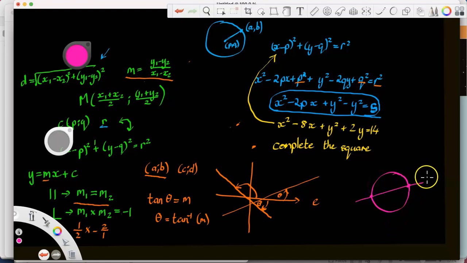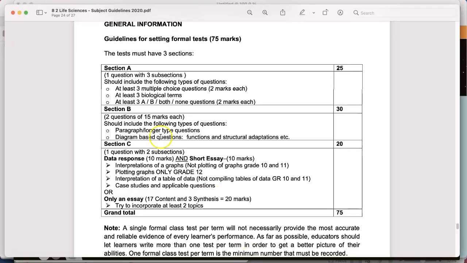Now, when I have a line, I have something like this: y is equal to mx plus c, and this circle has an equation like that. All I need to do is replace the y value in here with whatever expression I have on this side, and that just makes an equation. It's just a quadratic equation, and that's what I need to be able to do.